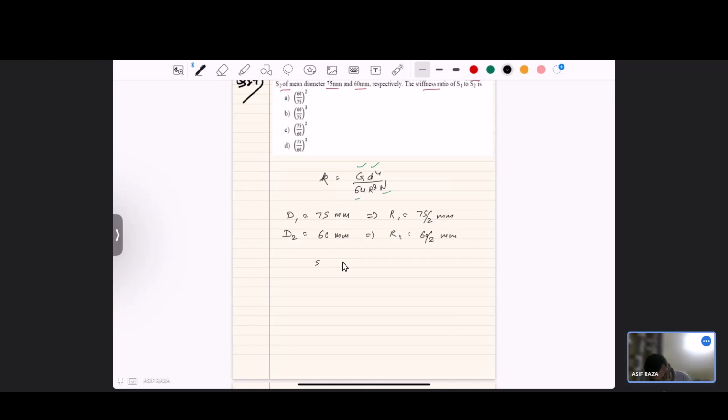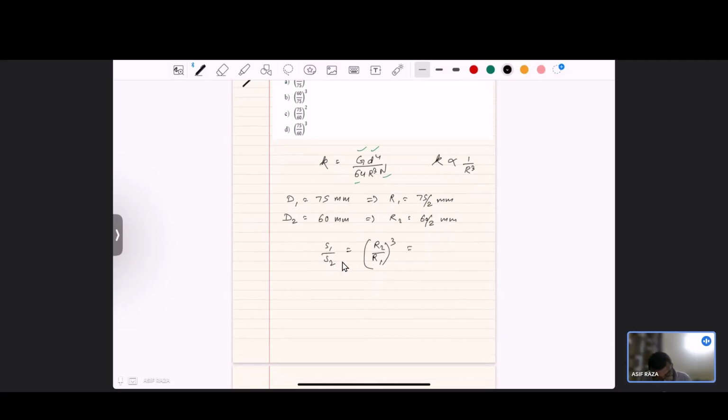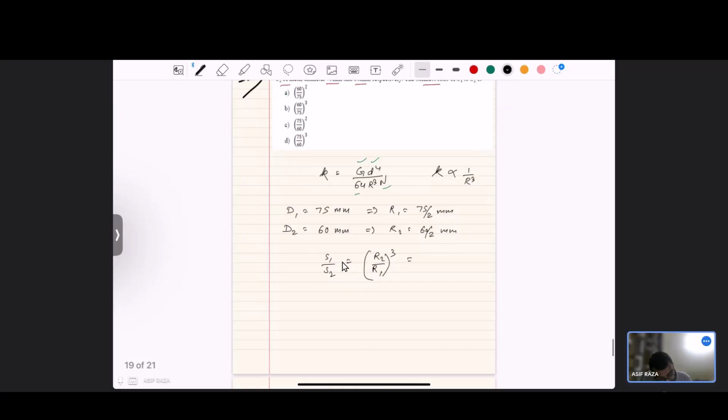Now we can see that K is inversely proportional to R cube. So S1 by S2 would be equal to R2 cube upon R1 cube, and R2 is 60 by 2.